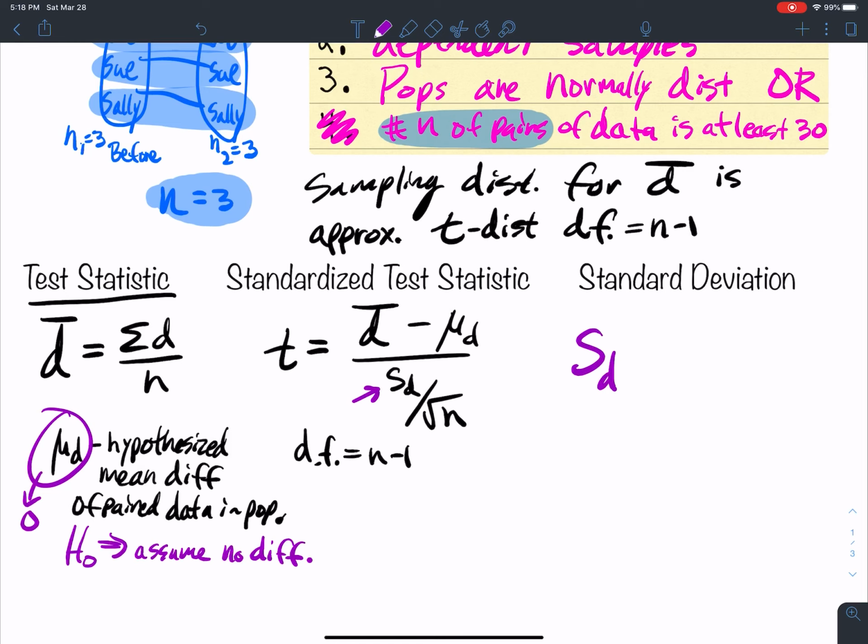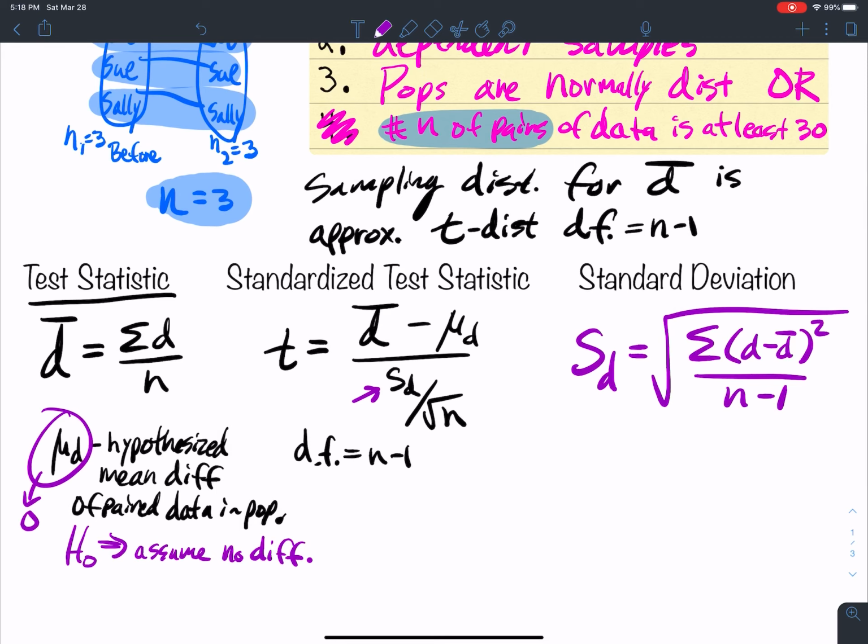SD is the square root of the sum of the differences minus the average of the differences, squared, over n minus 1. This is the formula we talked about way back early on in the semester for calculating the standard deviation. I don't ever want you to calculate the standard deviation by hand.